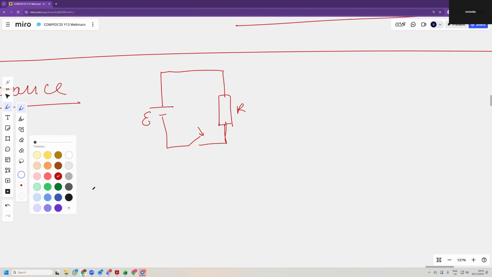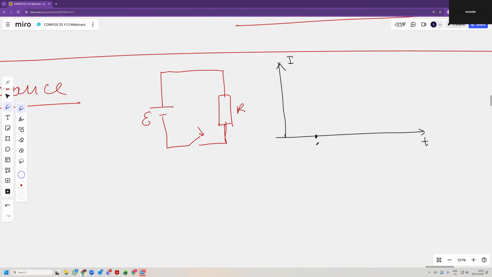If you try to draw a graph of current versus time, with the switch closed at t0, then at least what you've been taught in school is that it has to be exactly like this.